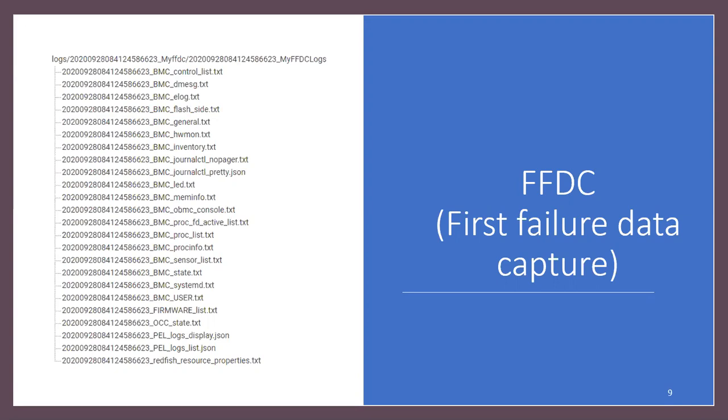And we also give a snapshot of the state of all the Redfish URLs and their properties at that point of time when it fails. So when you look at the last file, for example, it will give you all the URLs and their properties inside.